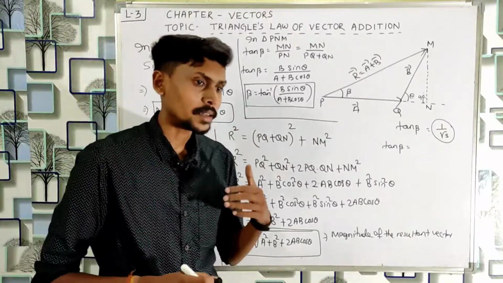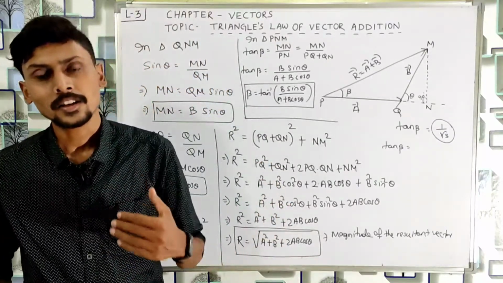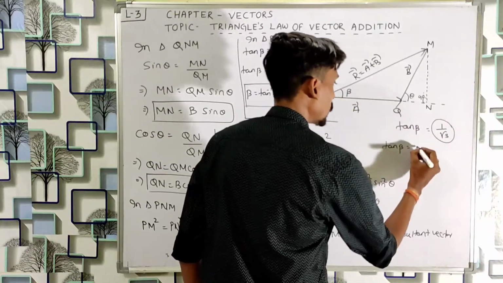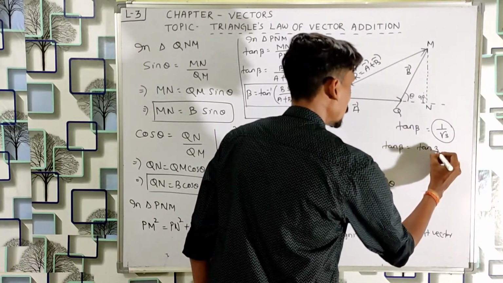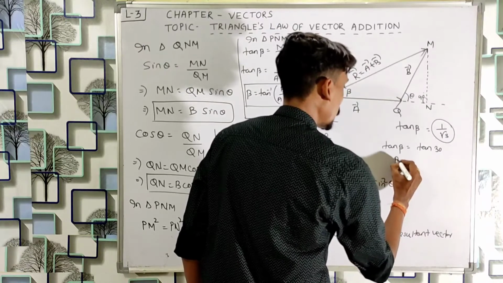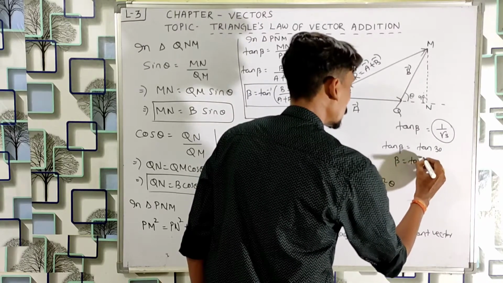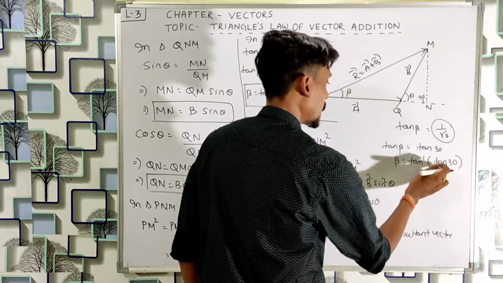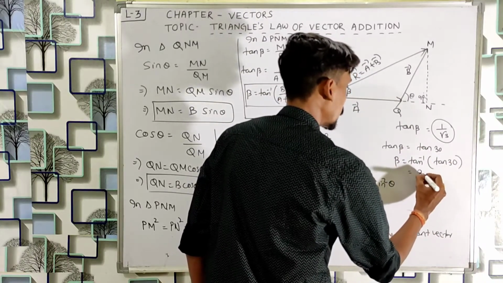We know that tan 30 is 1 by root 3. So in place of 1 by root 3 I can write tan 30 degree. So beta will be tan inverse tan 30. So tan inverse and tan will cancel, and we will get 30 degree.